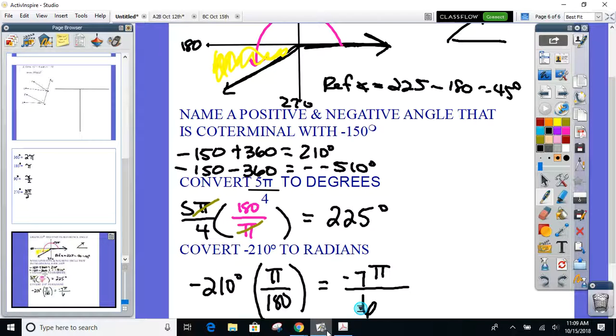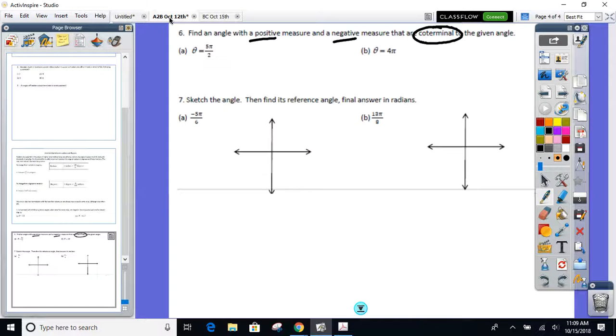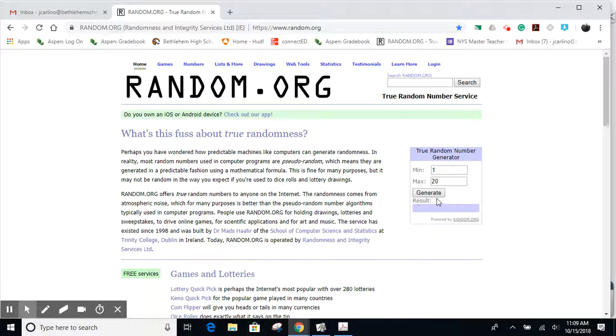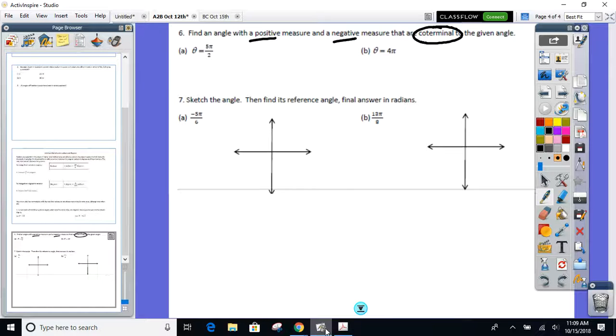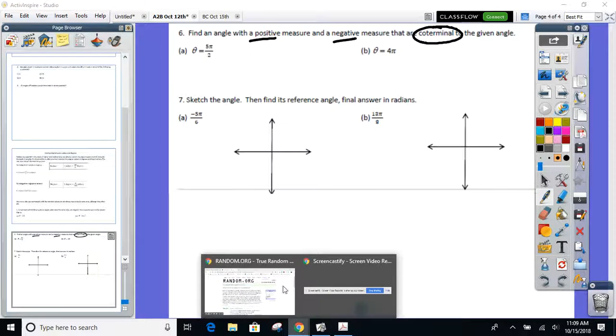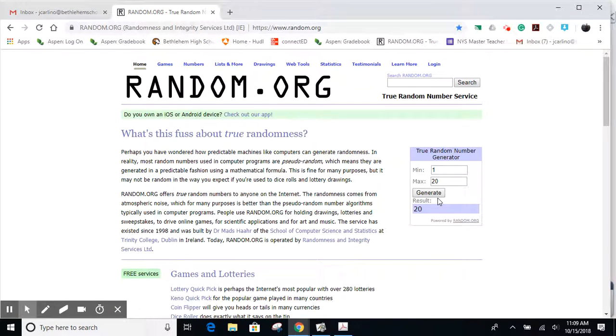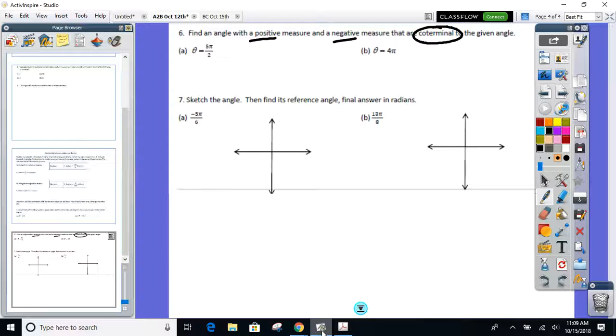360. Okay, well, I'm in radians now for this problem. So I don't want to add and subtract 360. What's the radian version of 360? 360 degrees is equal to what in radians?